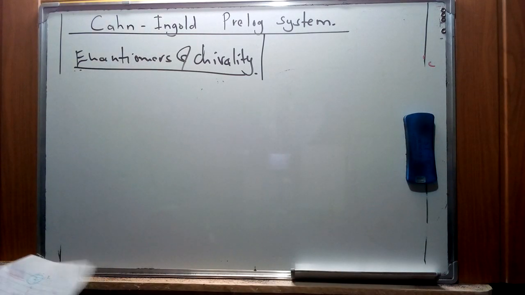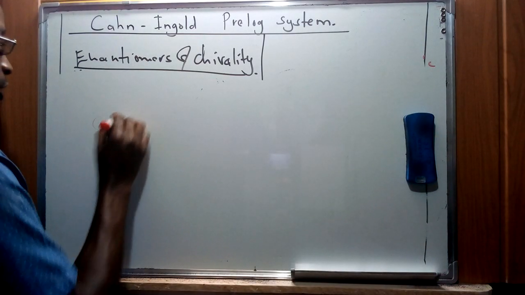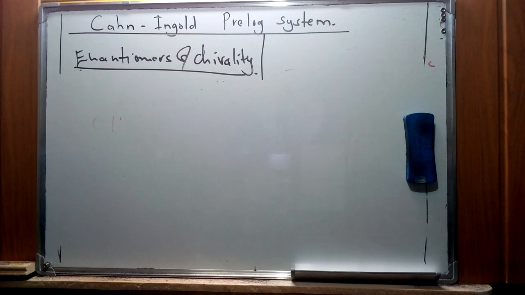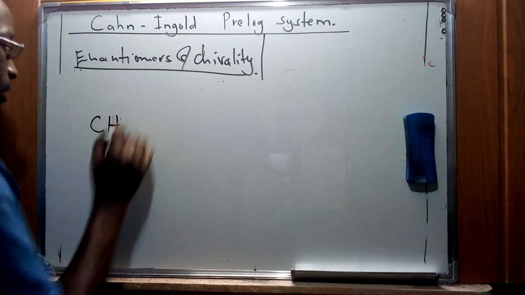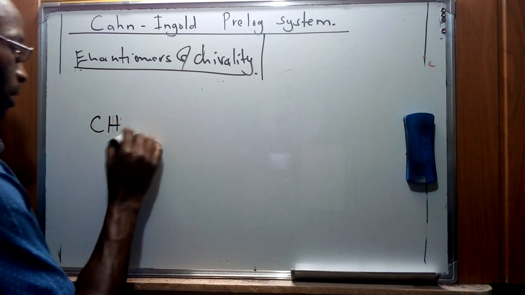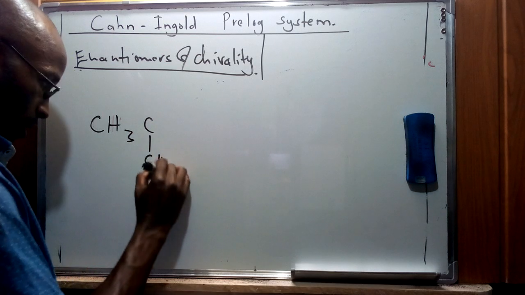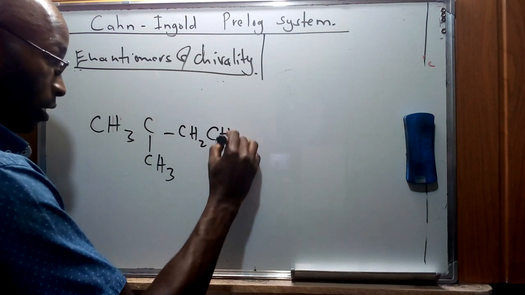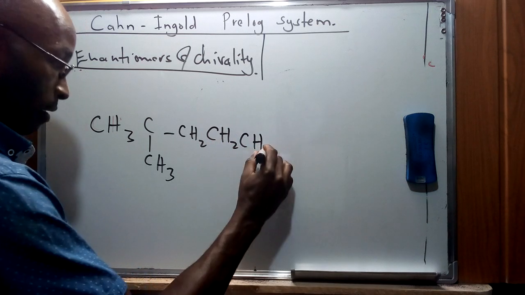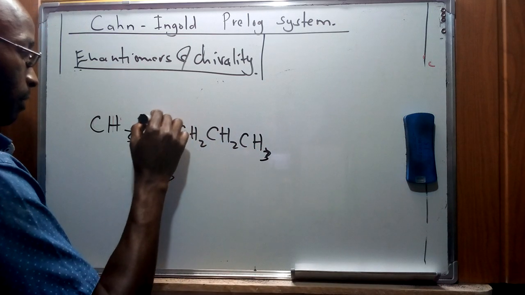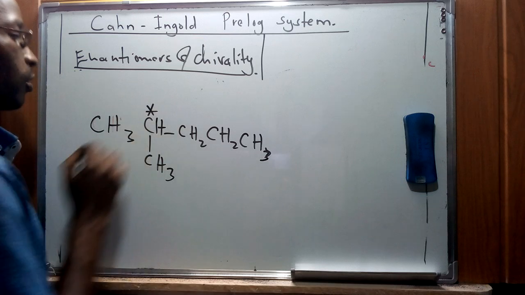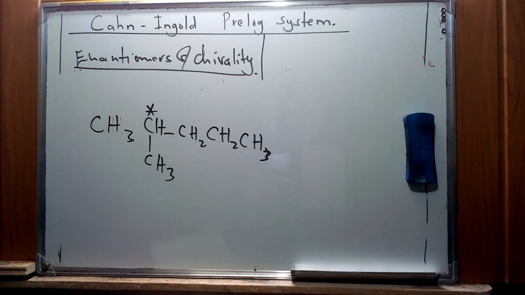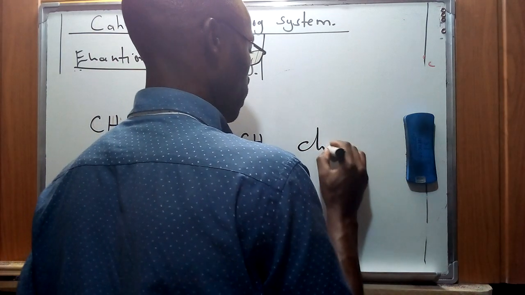So suppose we have a compound like the CH3CH2CH2CH3, and then we have a H here. This is going to form a stereogenic center, and therefore this compound is chiral.